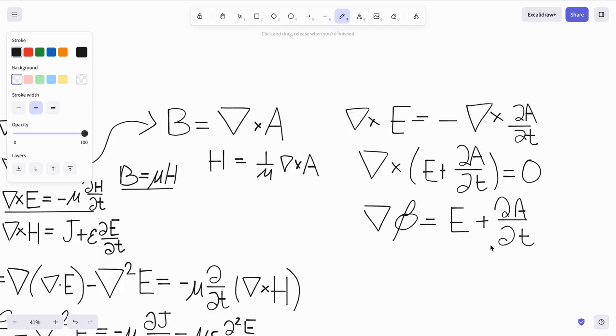Or I should say minus phi, because when we think about electric fields, we have to think about them in the opposite way due to current convention. But anyways, this can be rearranged so that the E field is then equal to minus partial A over partial t minus the gradient of this phi scalar field.